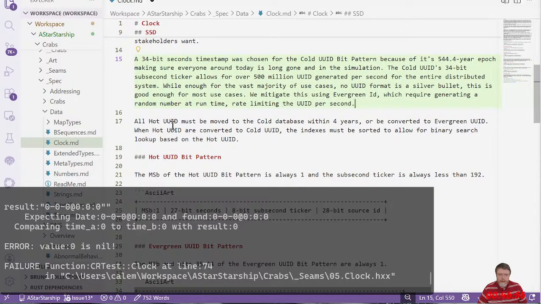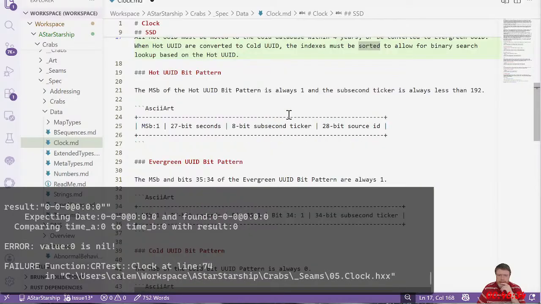All hot UUIDs must be moved to cold database within 4 years or be converted to evergreen UUID. When hot UUIDs are converted to cold UUIDs, the index must be sorted to allow for binary search lookup based on the hot UUID.